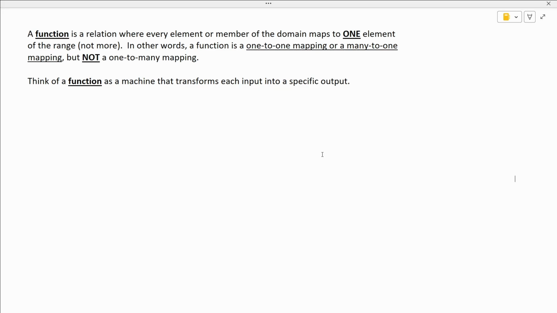If you supply the machine a different input, well, then it can transform it into some other output, but it will always treat like or identical numbers the same. So if it's a 5, it will always treat it the same way. If it's a 3, it will always treat it the same way. That's the idea behind a function.